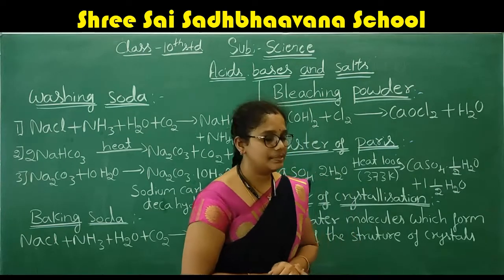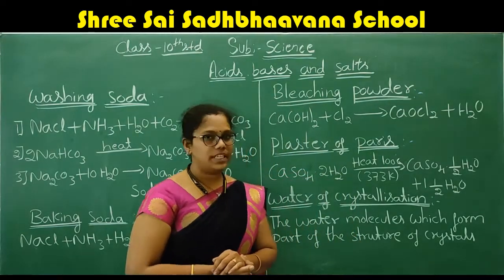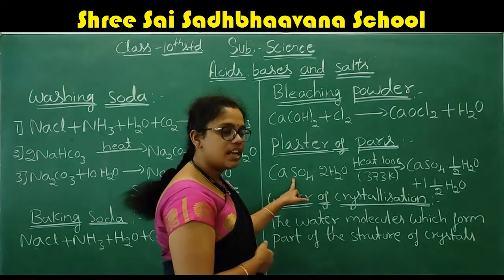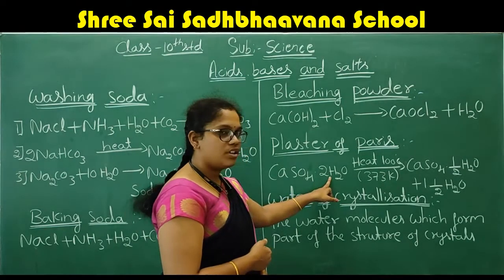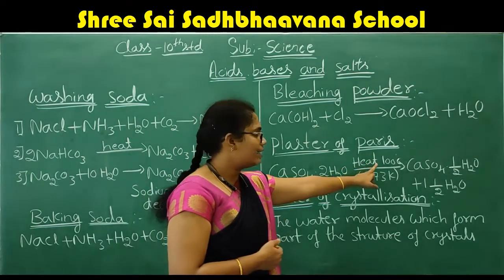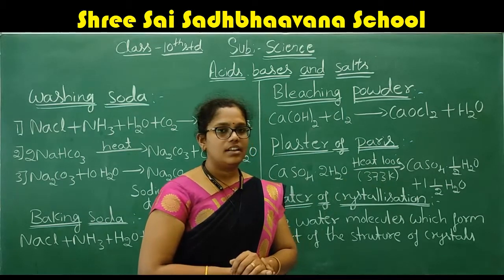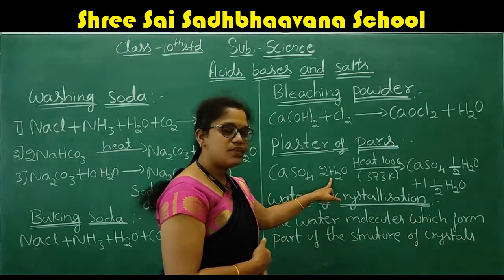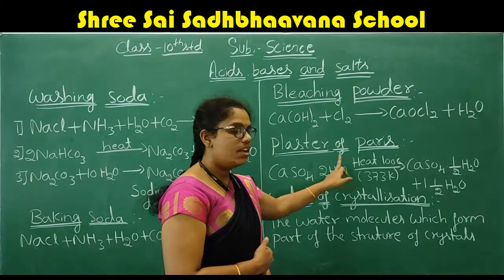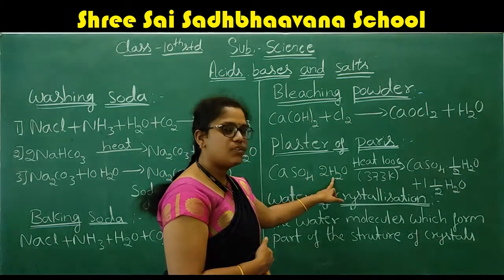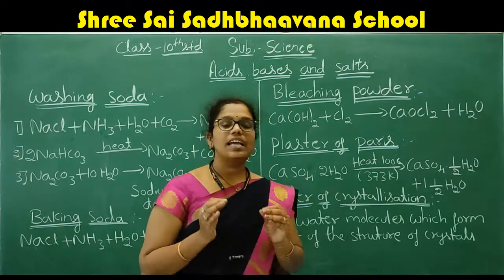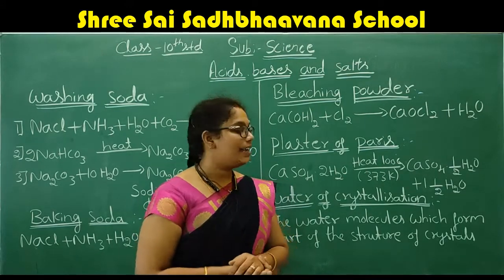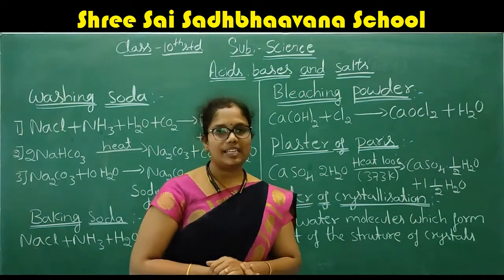How are we going to prepare this plaster of Paris? If calcium sulfate with 2 molecules of water, that is CaSO4·2H2O, is heated at 100 degrees Celsius, it forms calcium sulfate with half a molecule of water, and 1.5 molecules of water are liberated.